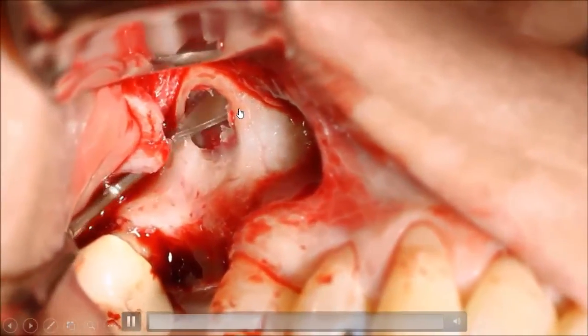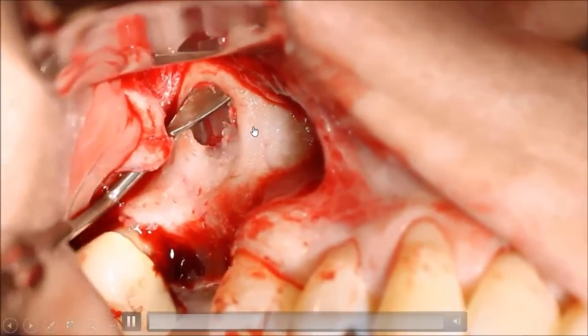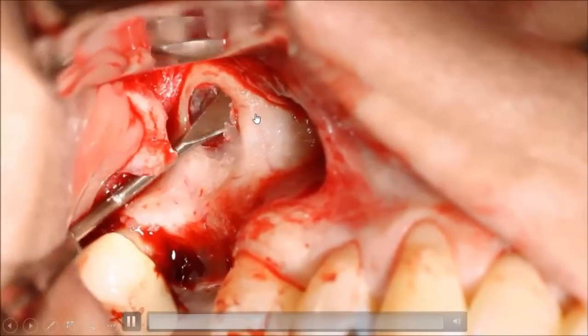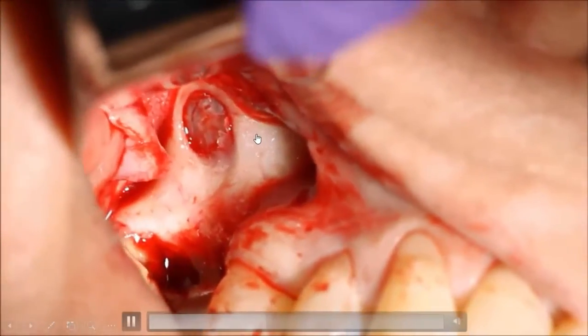So here we can see now we start lifting the membrane, releasing the membrane from the lateral wall, and we can see the transparency of the lateral wall of the sinus.